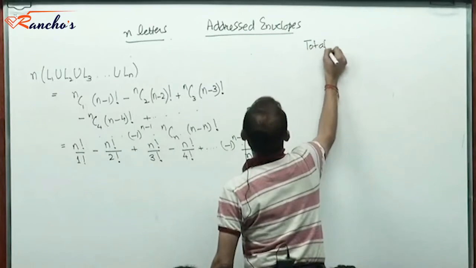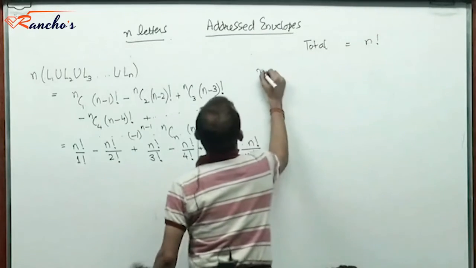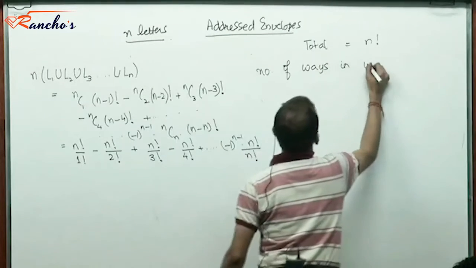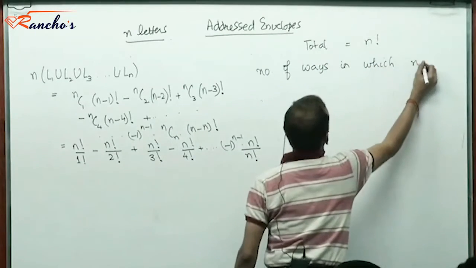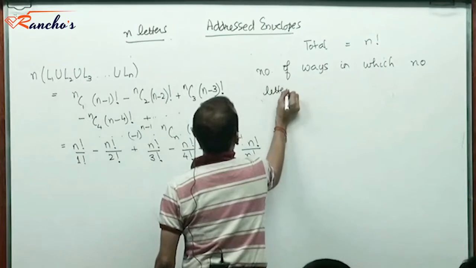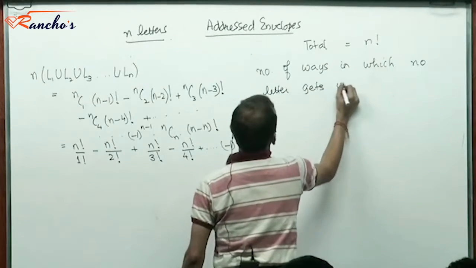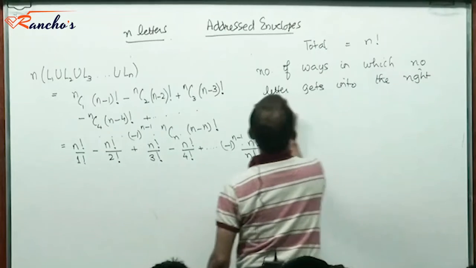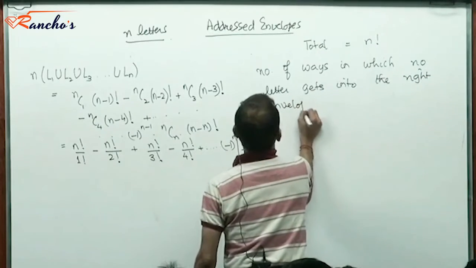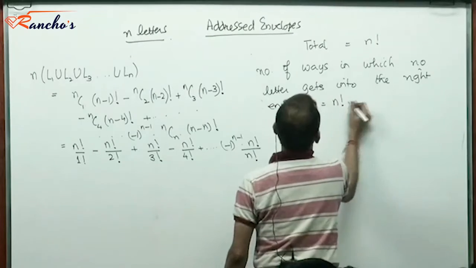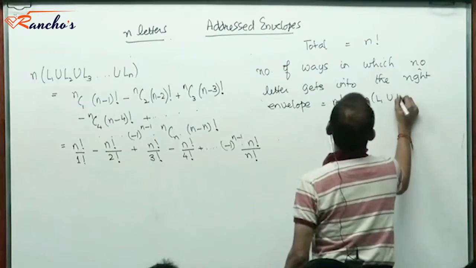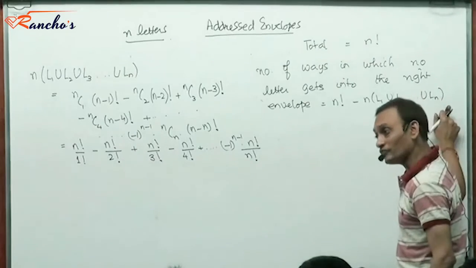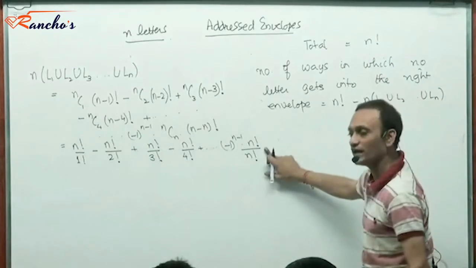Therefore, the number of ways in which no letter gets into the right envelope is going to be n factorial minus the number of ways in which at least one of them gets into the right envelope. So from n factorial I remove this.